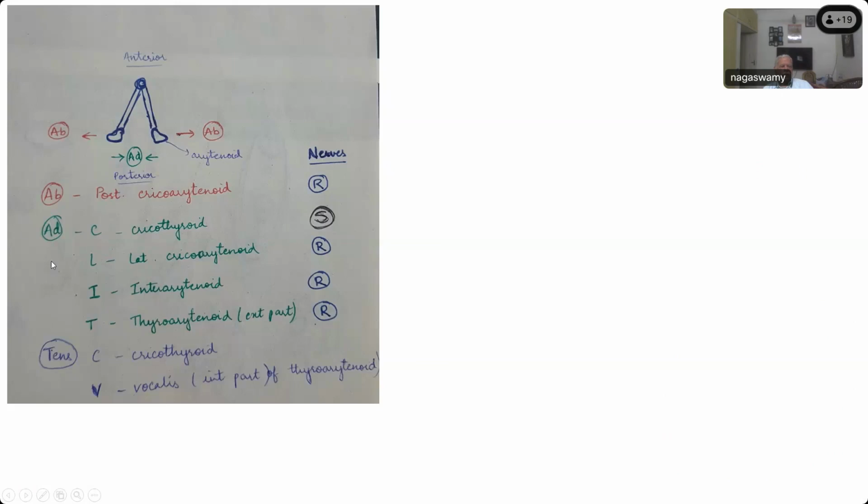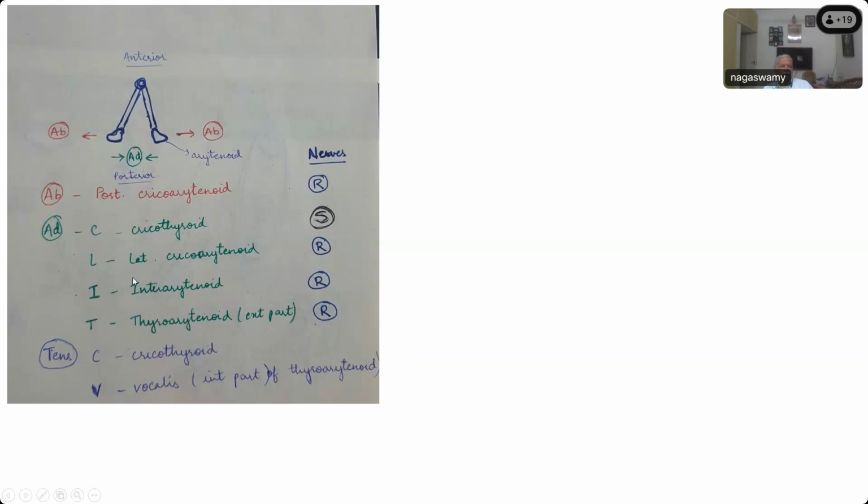This point of anatomy is very important because for moving the vocal cords away from the midline, for abduction, there is only one muscle. Whereas for bringing the vocal cords towards the midline to cause adduction, you have four muscles: cricothyroid, lateral cricoarytenoid, interarytenoid, and thyroarytenoid.